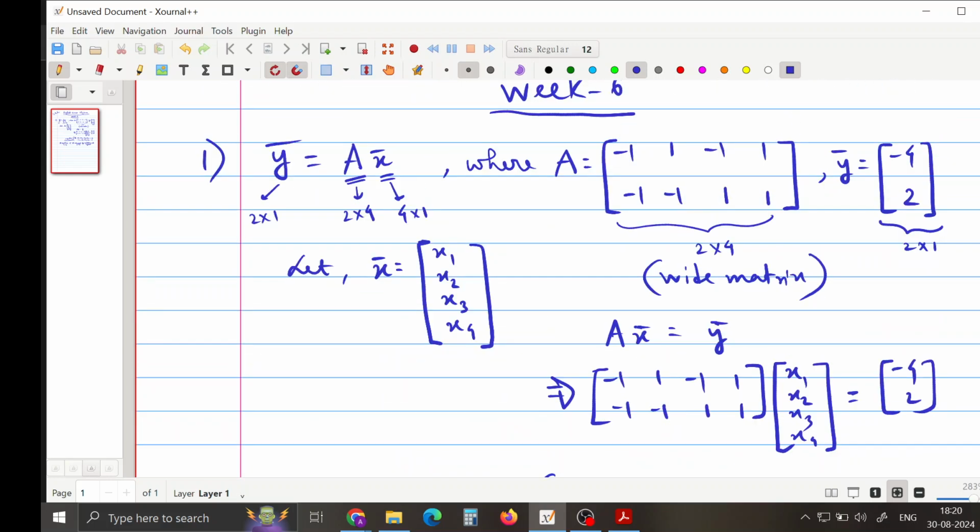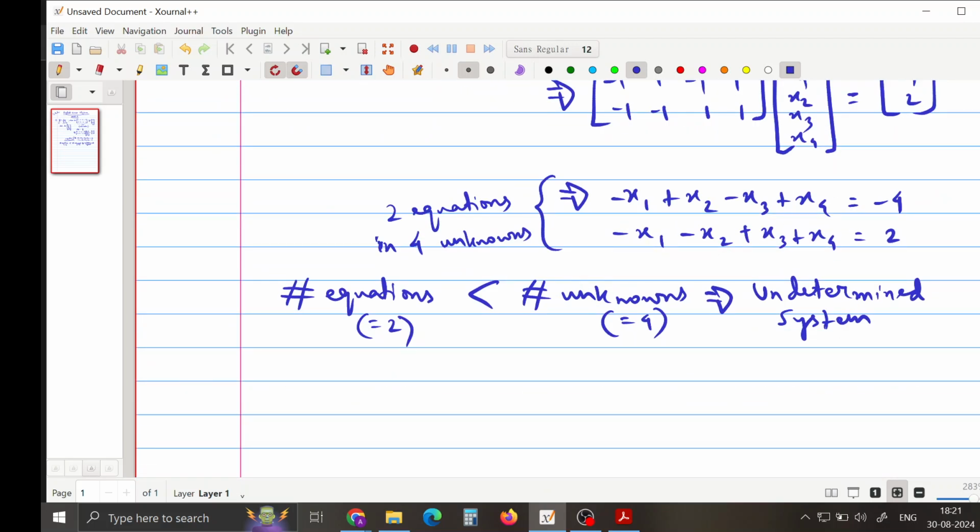Once you observe that A is a wide matrix having more columns than rows, clearly you can conclude it's an underdetermined system, and straight away you can go for the least norm solution.